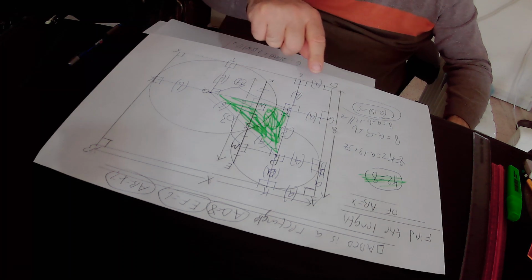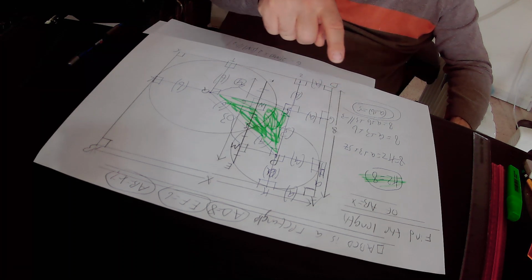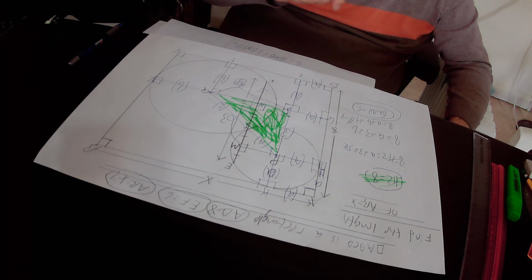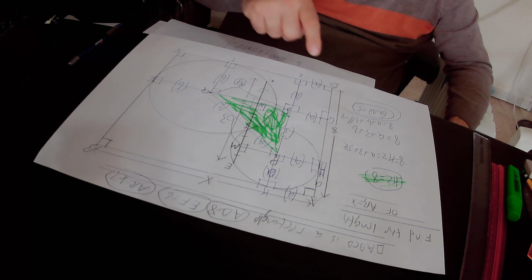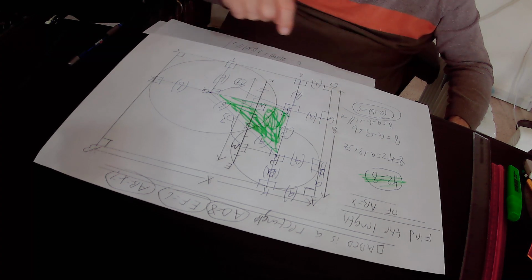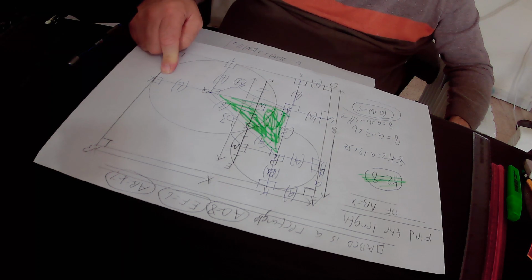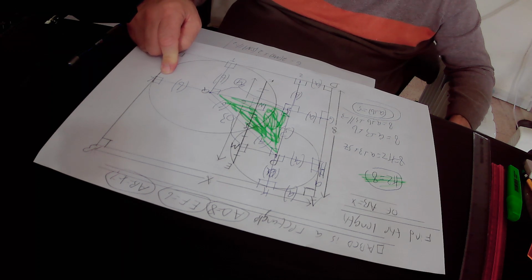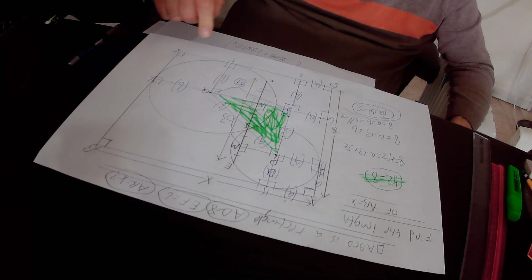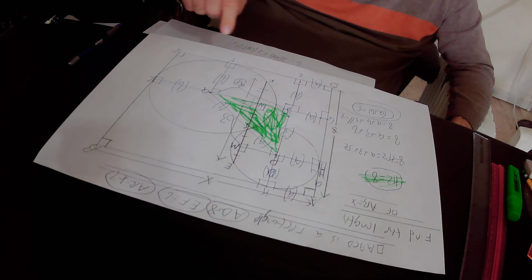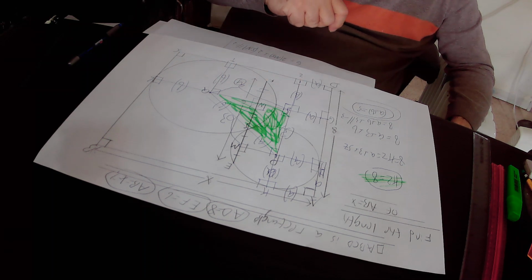In this way we created quadrilateral GDCL. Inside this quadrilateral we have 1, 2, 3 right angles, therefore the fourth angle must also be equal to 90 degrees. Therefore quadrilateral GDCL is a rectangle.